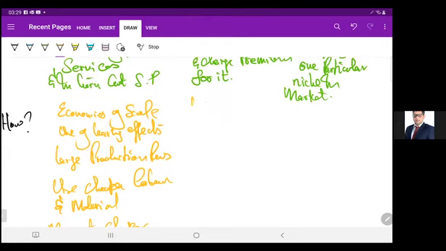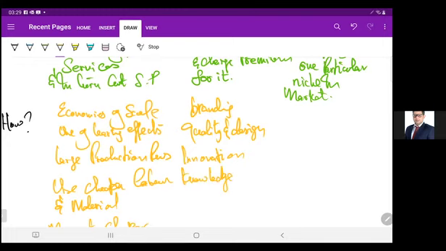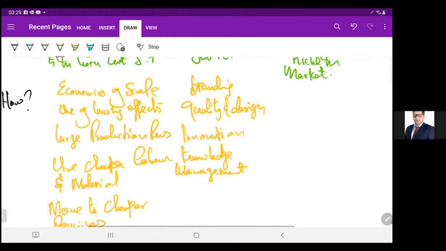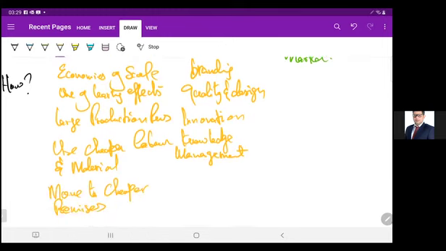By branding, by quality and design, by innovation, by knowledge management, control over suppliers, and by support.